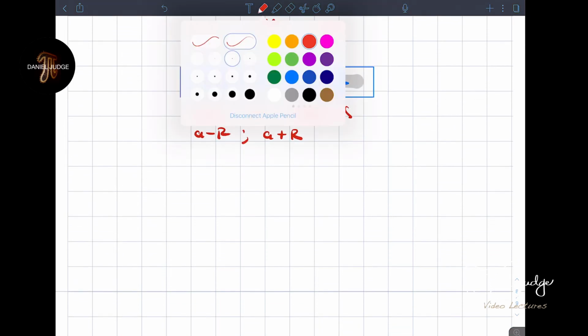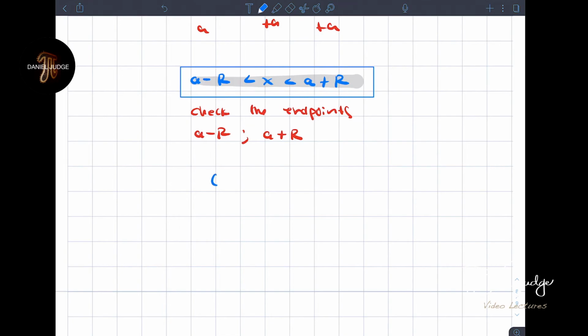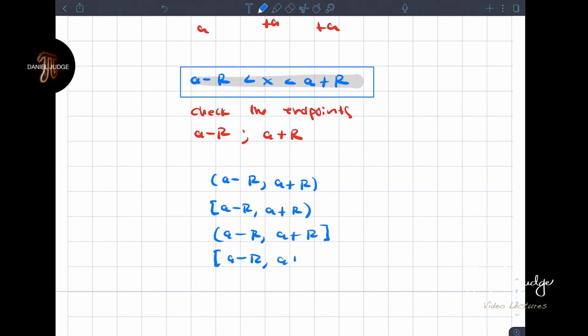And your book says you're going to get something that looks like this: a minus r, a plus r, with parentheses, or if you turn those into brackets, that means it equals a minus r, a plus r in 2 brackets. So these are the possible answers here.